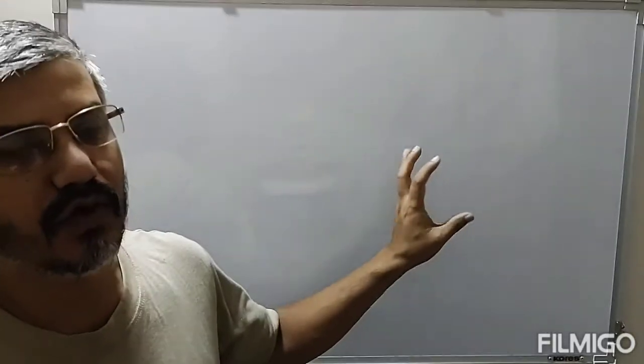Today in this video lecture we'll discuss the theories of bonding in coordination compounds, or how coordination or complex species form bonds, that is the nature of the metal-ligand bond that is formed in complex species.